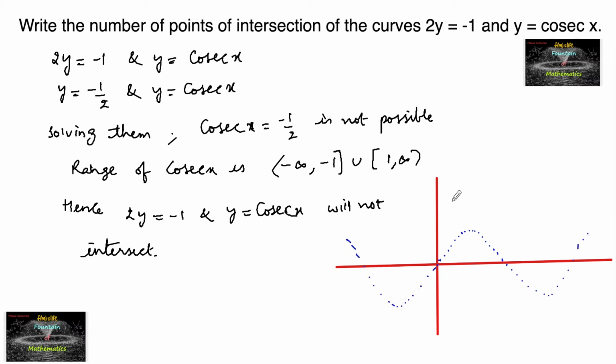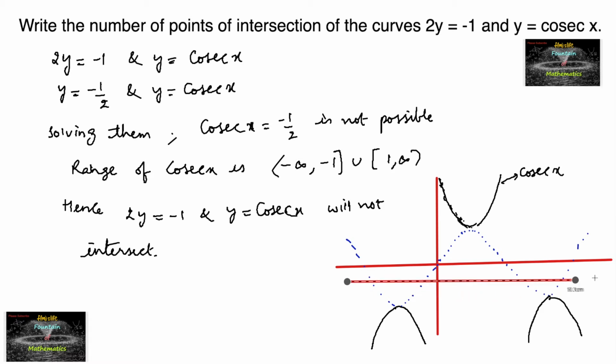And hence the cosecant graph will be, so this black color sketch is the cosecant graph, the dark one. This is the cosecant x graph and y is equal to minus 1 by 2. So here is the line y is equal to minus 1 by 2. You can observe that for no value of x, y is equal to minus 1 by 2. That's the graph of cosecant x.